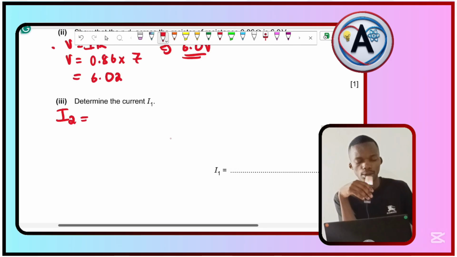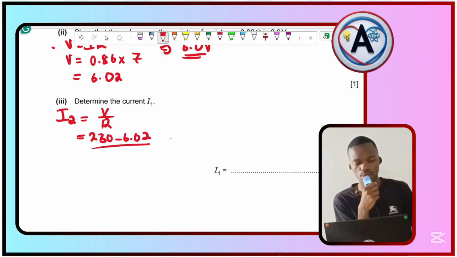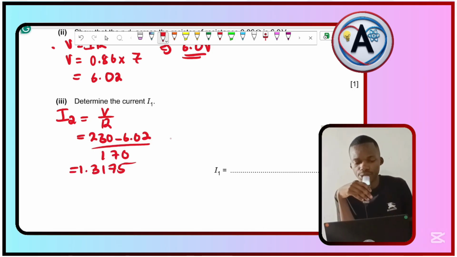Let's do that. So I2 will basically be equal to, V is equal to IR, so that's V over R. And that's basically going to be equal to 230 minus 6.02 divided by 170. So I2 is basically 1.3175. If you therefore want to get I1, you know that 7 is equal to I1 plus I2.